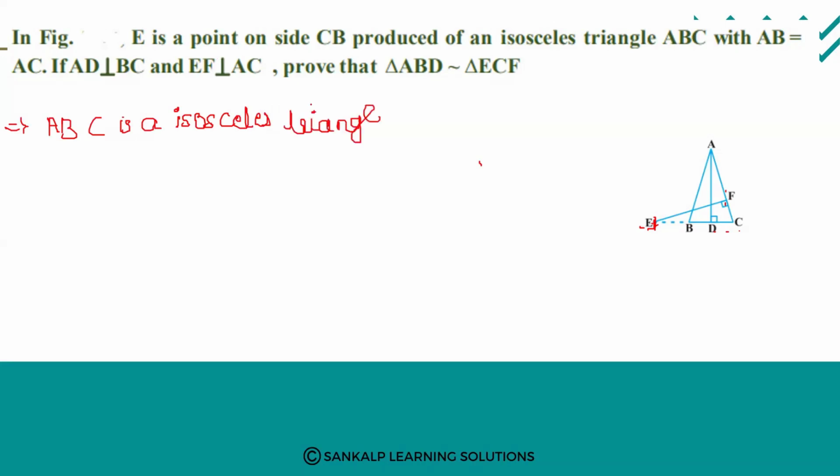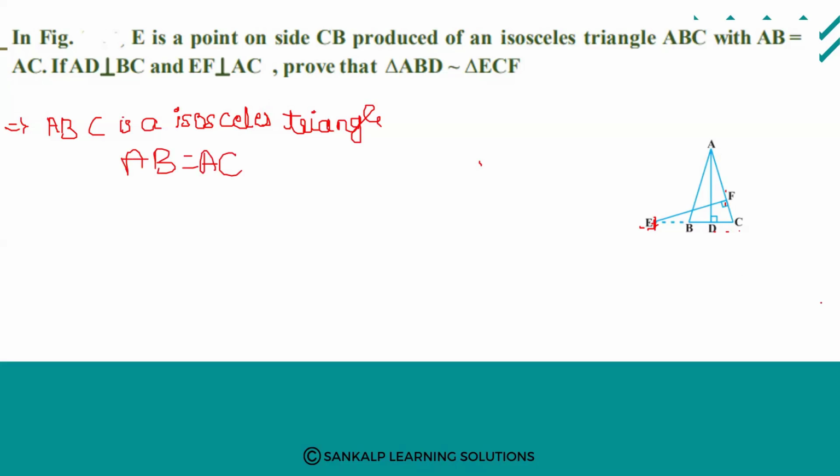Okay. So in an isosceles triangle, two sides are equal. That we know. Yes or no? In an isosceles triangle, two sides are equal. That is AB is equal to AC.